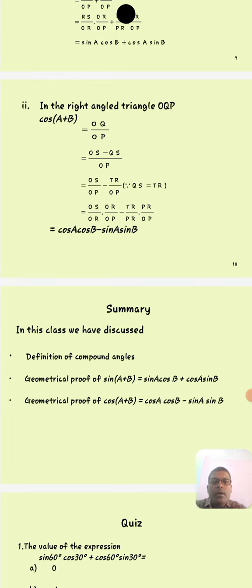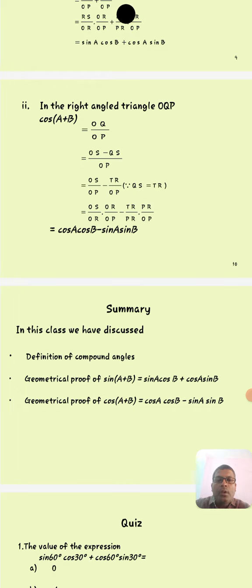The sum or difference of two or more angles is called compound angles. And also the geometrical proof of sine of A plus B. You have to consider this is the important formula. What is the formula of sine of A plus B? Sin A cos B plus cos A sin B.